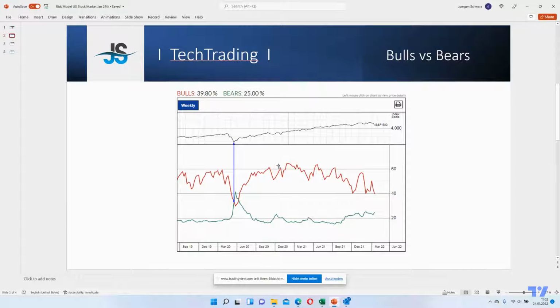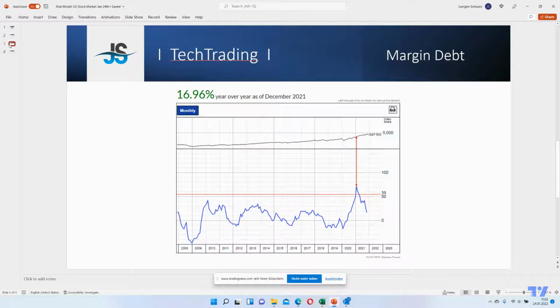It was quite some time in this critical range of 50, 60. This is pretty high. We are now down to 40, which is good. We would like to see this go down some more. As swing traders, we'd like to see this continue to have the best opportunities for a more stable environment again.